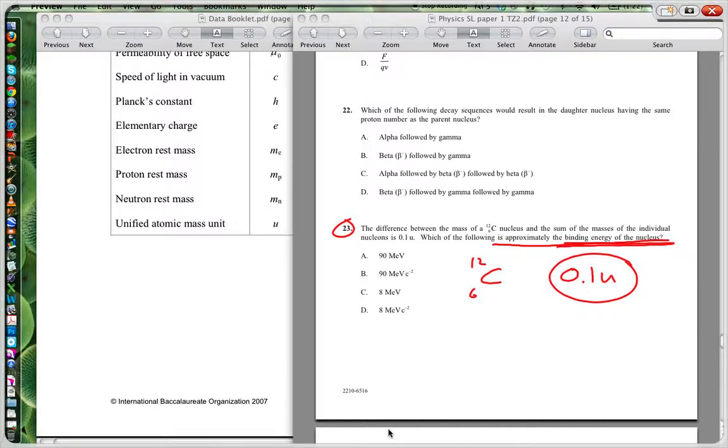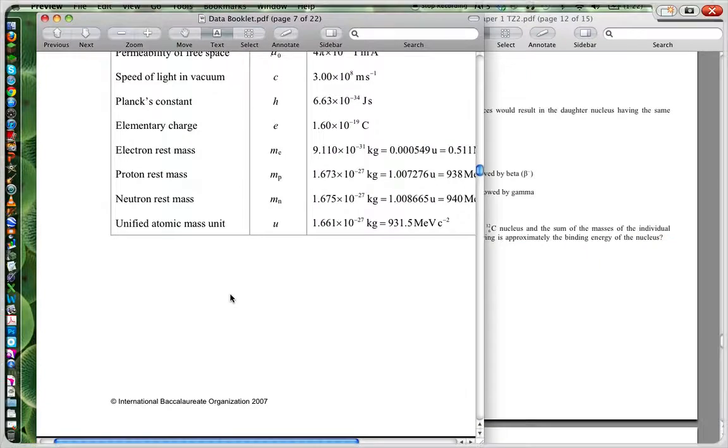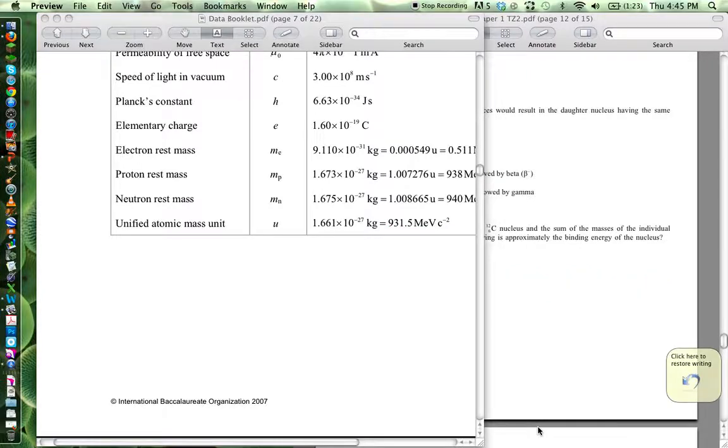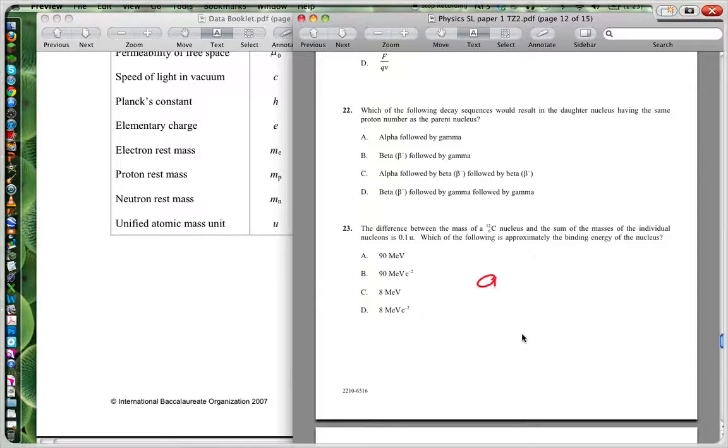So we need to just come over here and come to U, and here we have 931 MeV C to the -2. Let me just explain this a bit. You've got 931 MeV C to the -2.